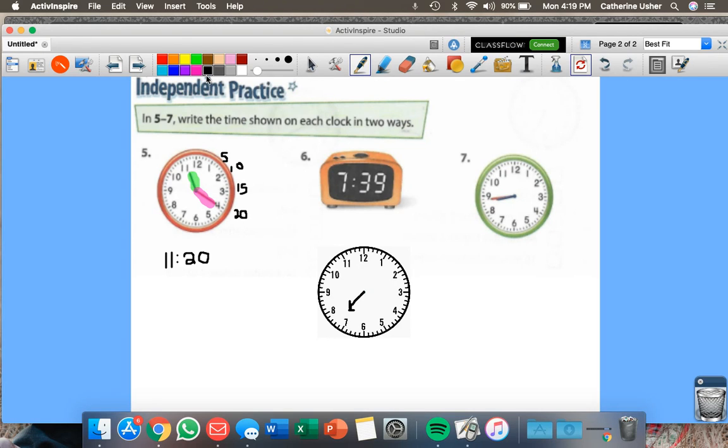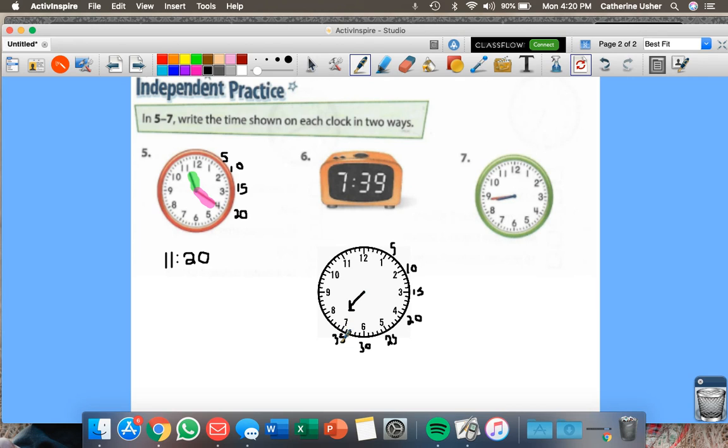So when I go to draw my long minute hand, I'm going to start at 12 so that we can know where to stop. So if we have 5, 10, 15, 20, almost there, 25, 30, and 35.